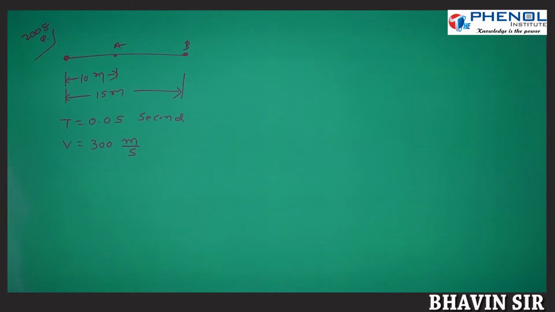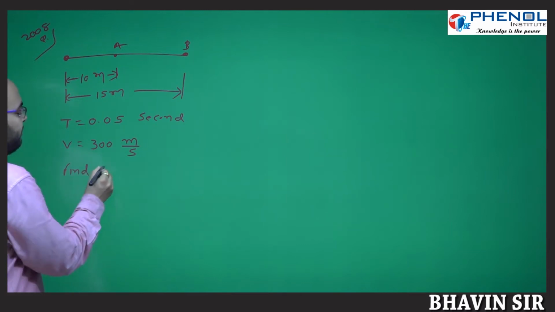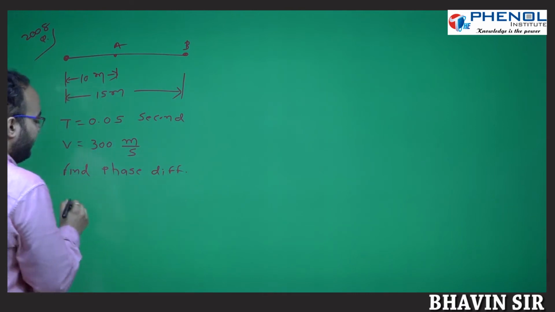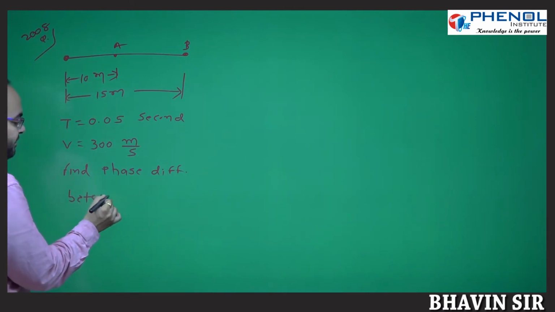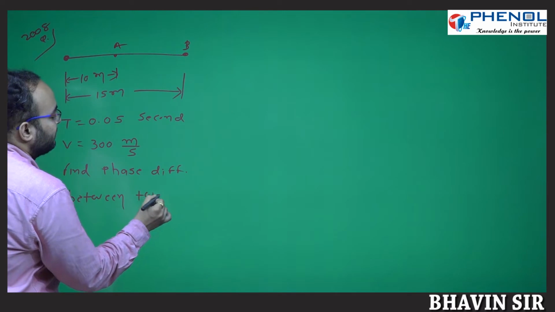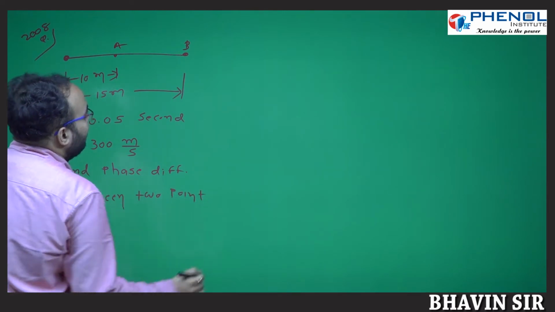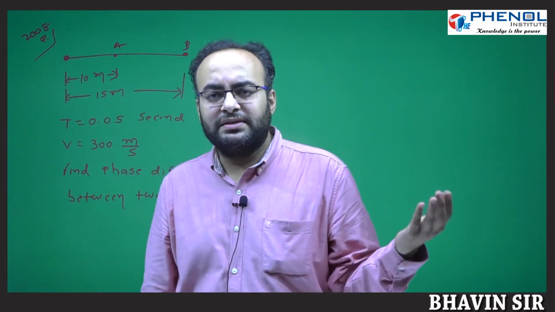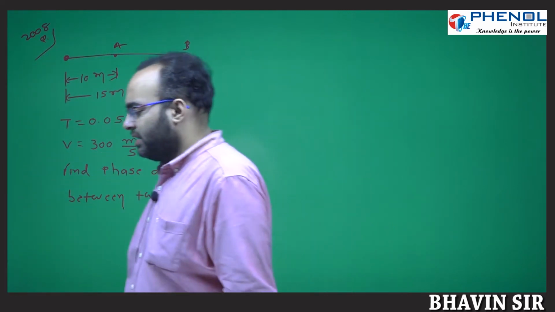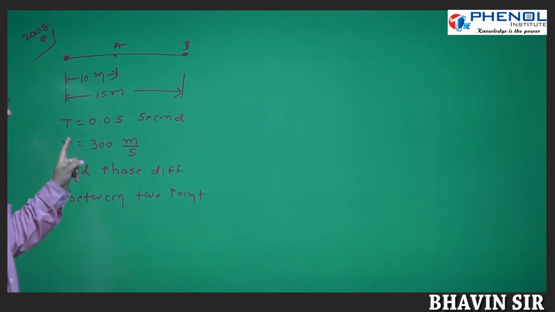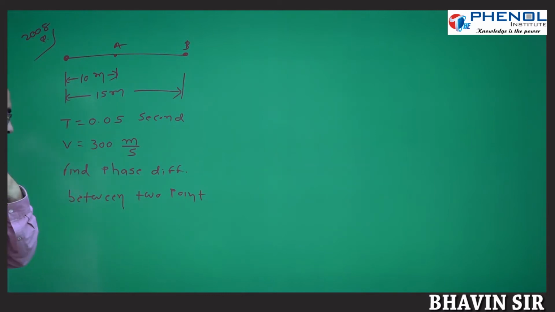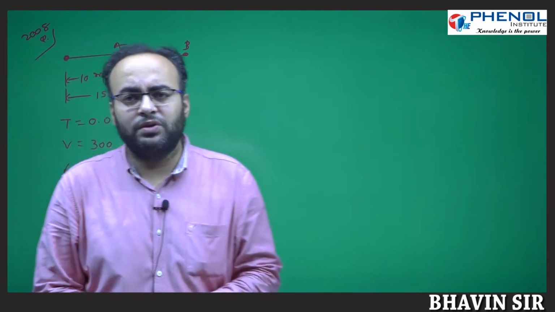Now we want to find the phase difference between the 2 points. What is the distance between the two particles? That is 15 meter minus 10 meter, so 5 meter. The time period of the wave is given, the speed of wave is given. We want to find the phase difference between the 2 points.